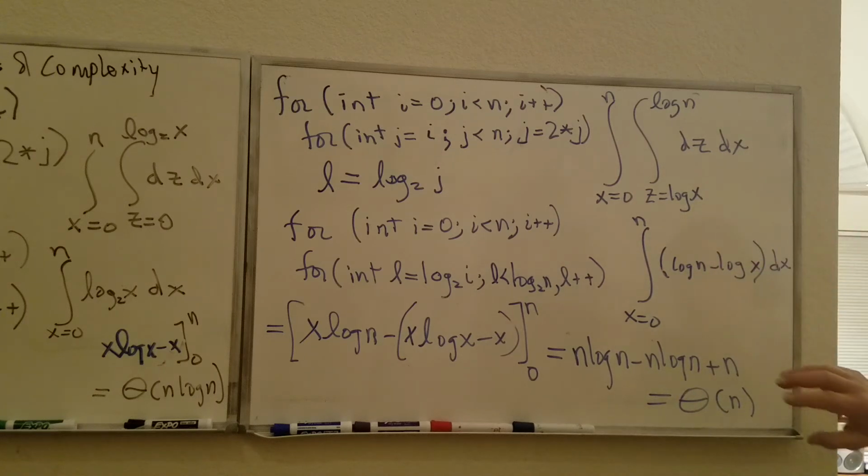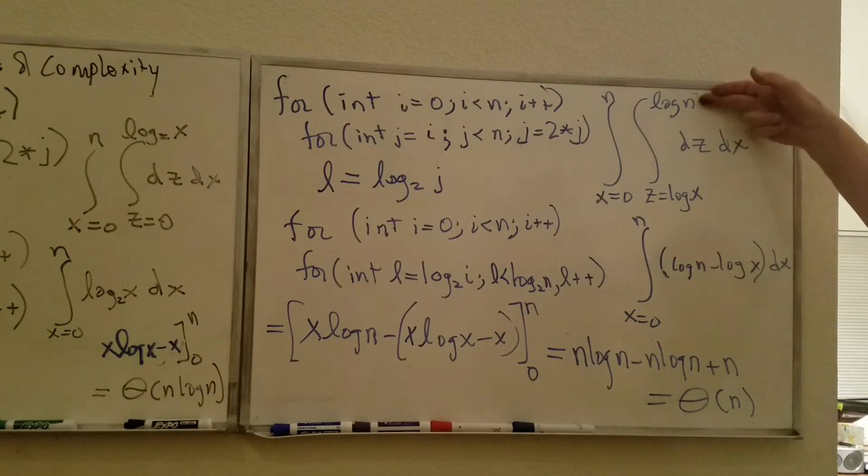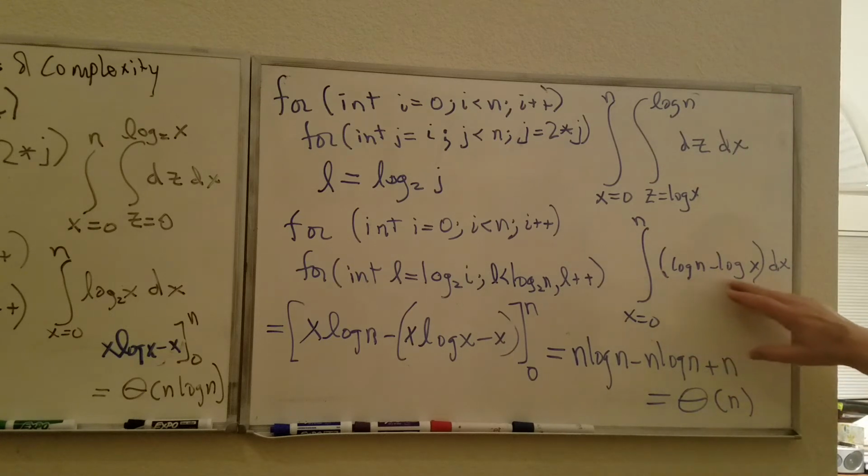Now, when we integrate that on the inside, since both x and n are constants on the inside, we simply get the difference between these two. And that is the integral value. Then we integrate that dx.